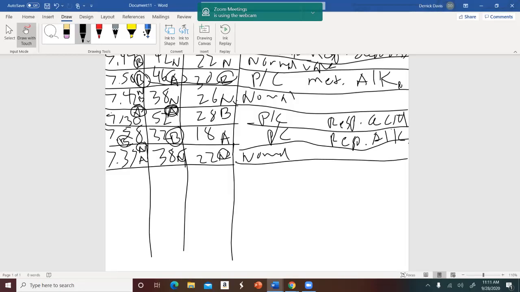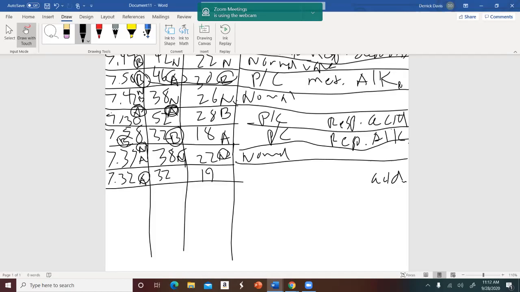Let's do another one. 7.32, then I got a CO2 of 32 and a bicarb of 19. Let's start with the pH. 7.32 is an acid, so I'm just going to write acidosis.